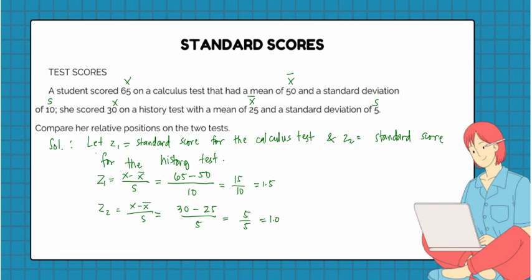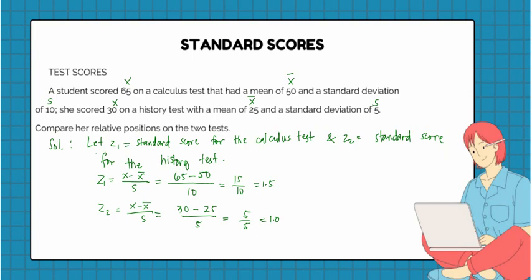So basically, since our standard score for calculus is greater than her standard score for the history test, meaning her relative position in calculus is much higher than in the history test.